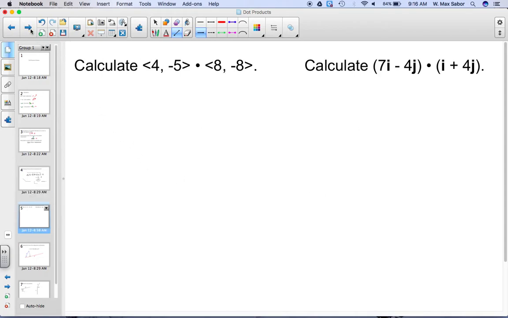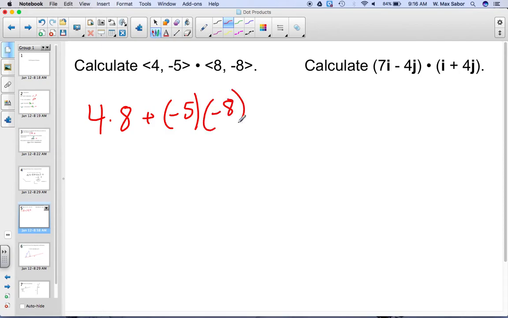So let's do some practice. Calculate the dot product of these two vectors. Multiply the x components, multiply the y components, and add. Here, I've written it as a linear combination of unit vectors, we're still going to multiply the i components, so 7 and 1, -4 and +4.